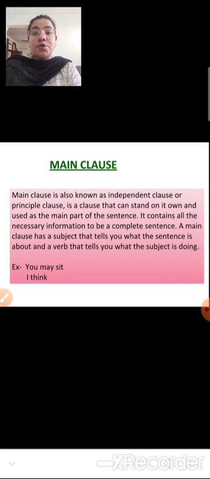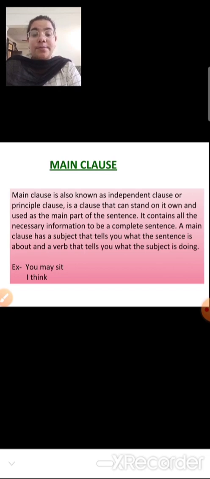That means if we separate it from a complete sentence, still it will make sense and it does not need any other group of words to complete it. It is the main part through which we can complete the sentence, but we don't need anything else to complete it. It contains all the necessary information to be a complete sentence. A main clause has a subject that tells you what the sentence is about, and a verb that tells you what the subject is doing.